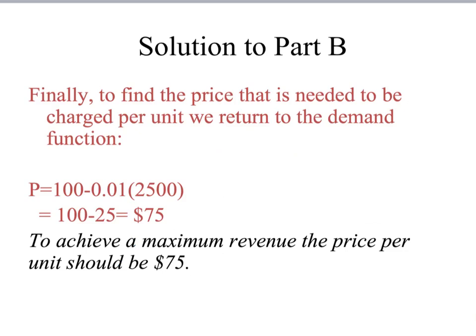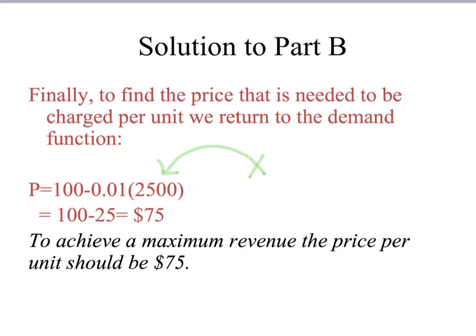So let's go ahead and look at our solution to part B. Here we're going to find the price that is needed to be charged per unit. So we're going to return to our demand function. In our demand function, we are simply going to substitute in the 2,500 units that we just found, and that was our x value.